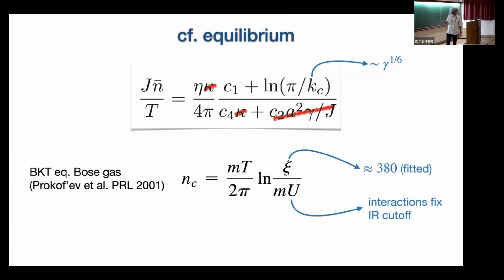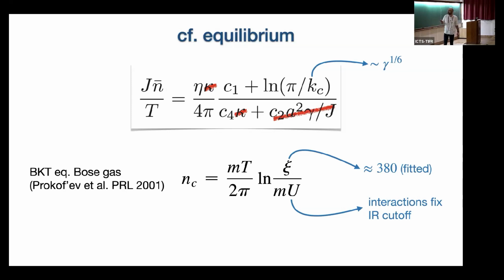The loss parameter disappears, the friction parameter cancels here, and what we get inside this logarithm: at some point in the derivation, you have to introduce some infrared cutoff. That's this parameter here that in the non-equilibrium case is related to the losses in the system. Now if we compare this expression to the one by Prokofiev and Svistunov, you see basically the same quantities appearing here.